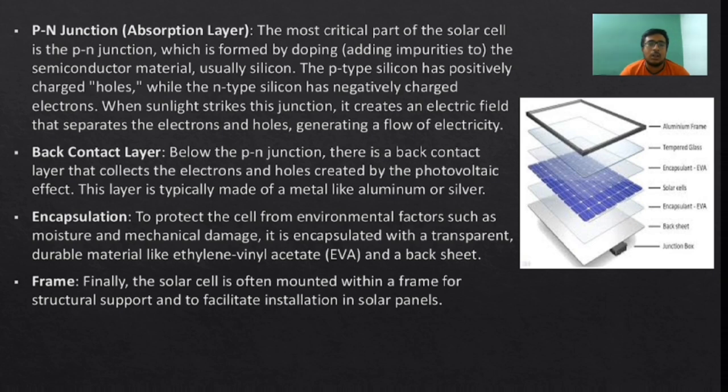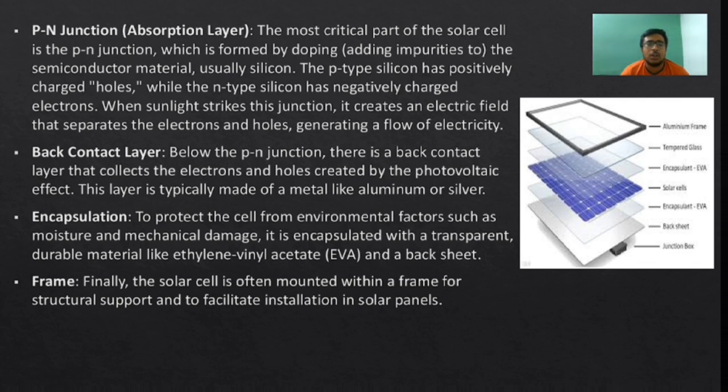Below the PN junction, there is a back contact layer that collects the electrons and holes created by the photovoltaic effect. This layer is typically made of a metal like aluminum or silver. Encapsulation to protect the cell from environmental factors such as moisture and mechanical damage.